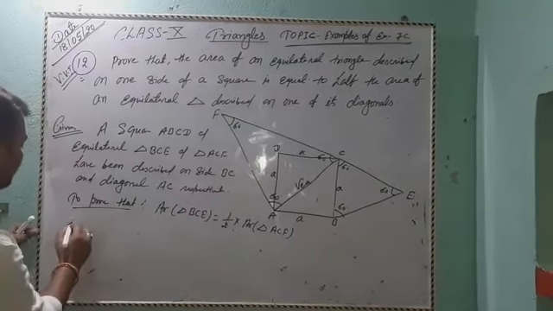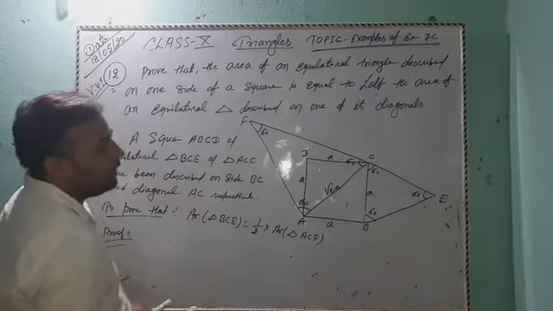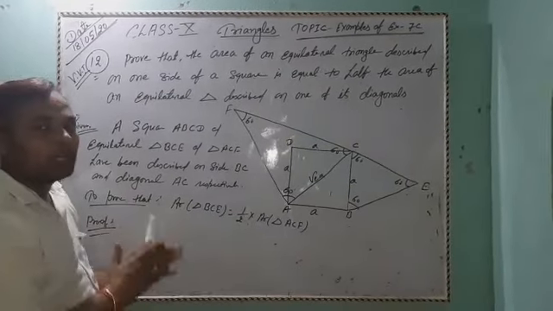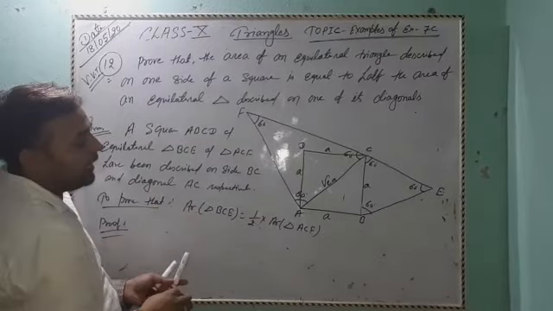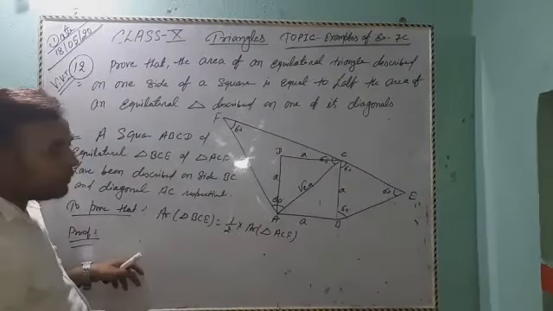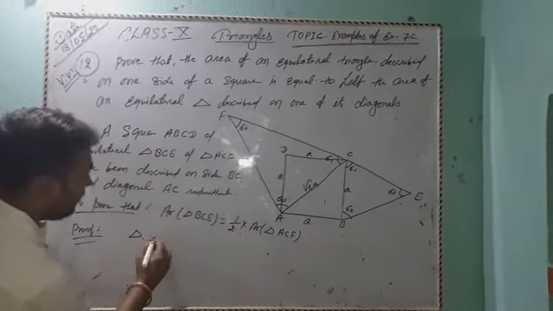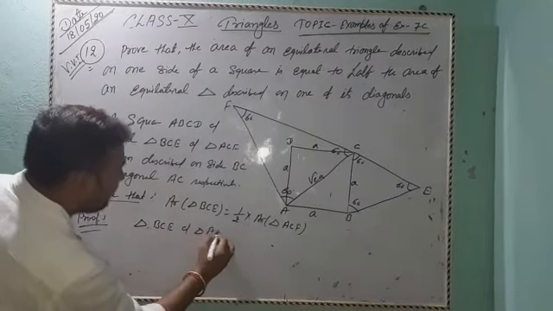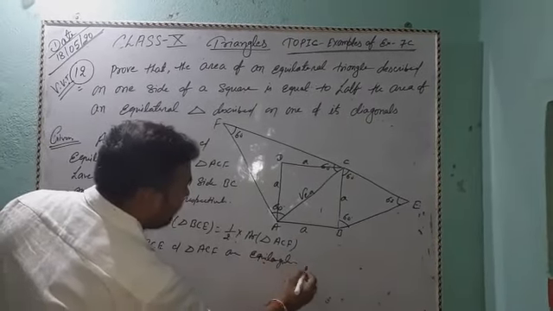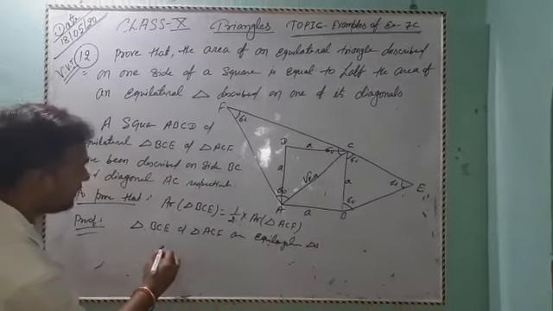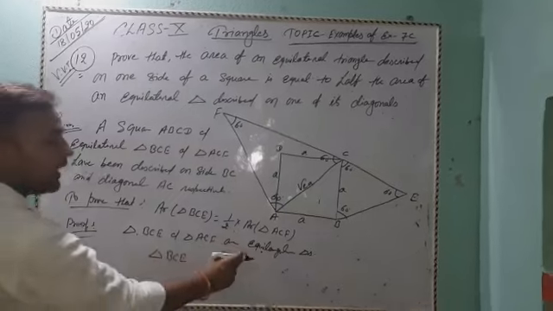Proof: first of all, triangle BCE and triangle ACF are equiangular triangles, because triangle BCE is an equilateral triangle and each angle equals 60 degrees, and triangle ACF is an equilateral triangle and each angle is 60 degrees. So triangle BCE and triangle ACF are equiangular.